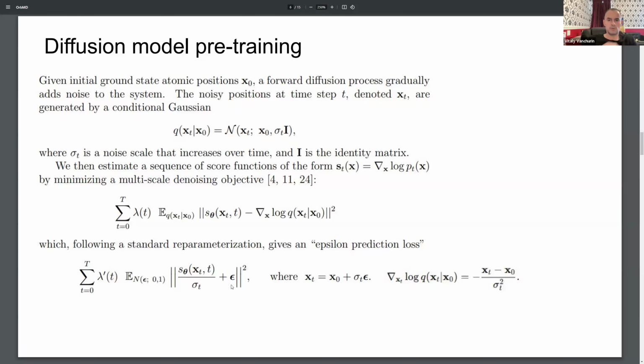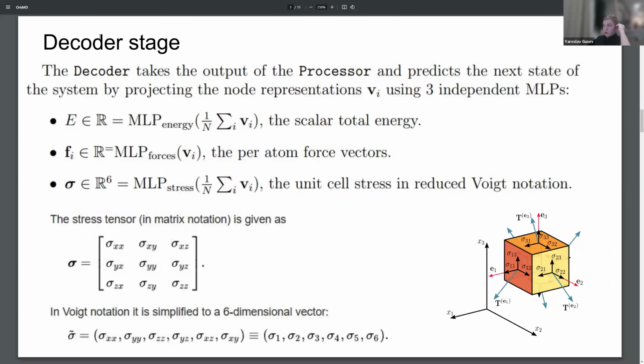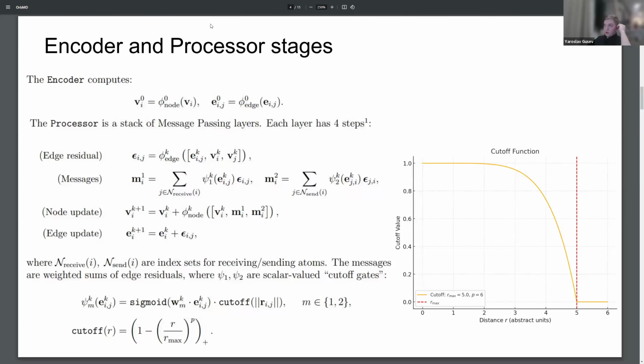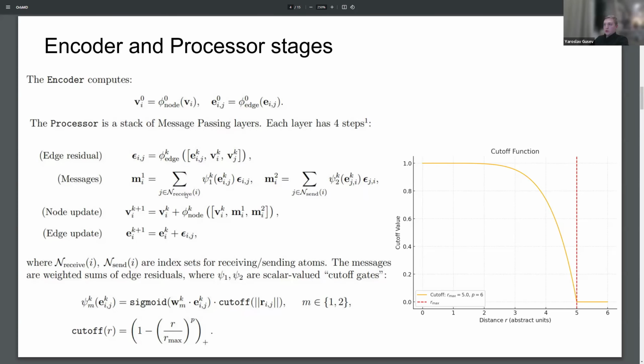Yes. And I believe that its network also consists of these same layers, but the decoder part is different. But the idea is to pre-train the encoder and processor, and to use them, not from scratch, to model energy and force, but to start with something that was pre-trained on this task of predicting the noise.